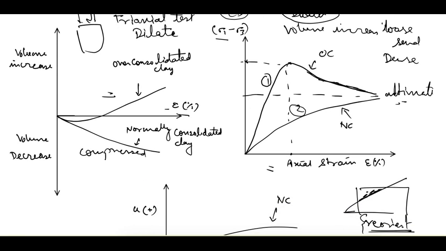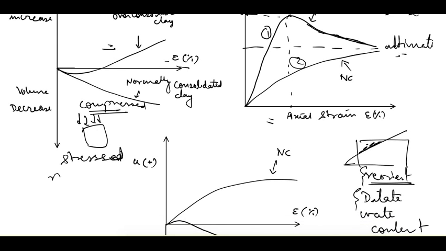Whereas the normally consolidated clay, if it is stressed, it is compressed, so it will generally go under compression because it is stressed with the maximum stress that it is facing.